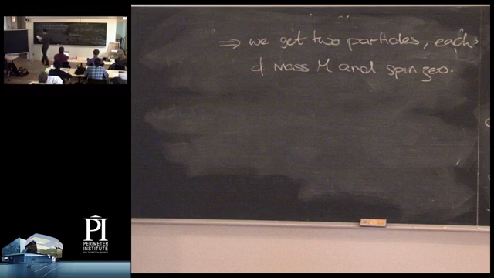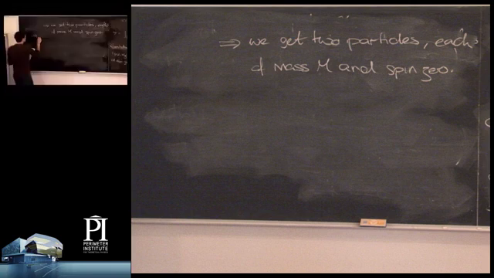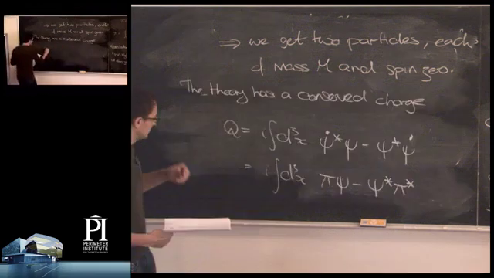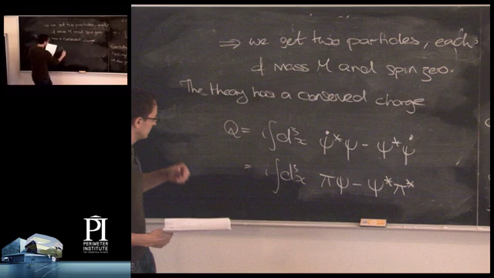So the theory has a conserved charge. And the conserved charge we worked out maybe yesterday, maybe the day before: i times psi minus psi star psi dot.